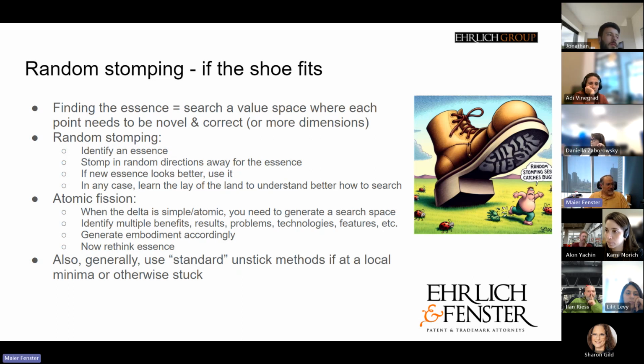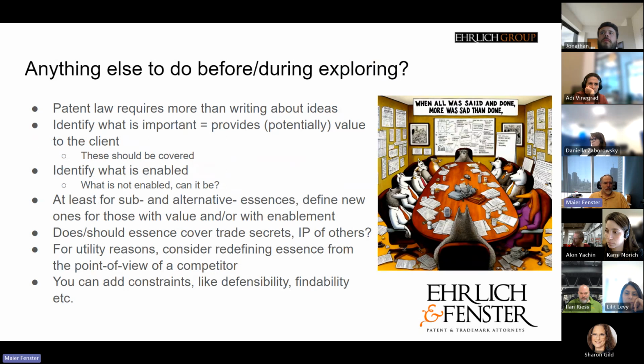And once you've identified these other possible solutions, now we can do the 3 magic trick, where we have multiple embodiments, and we look at them and say, okay, what is the essence underlying all of these embodiments, but not underlying that prior art that we don't want to use. And of course, any standard methods used to help you become unstuck. There's a nice book, A Kick in the Side of the Head, which is about that. You can use it as well.